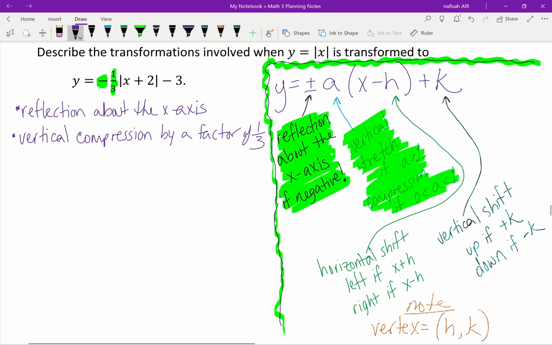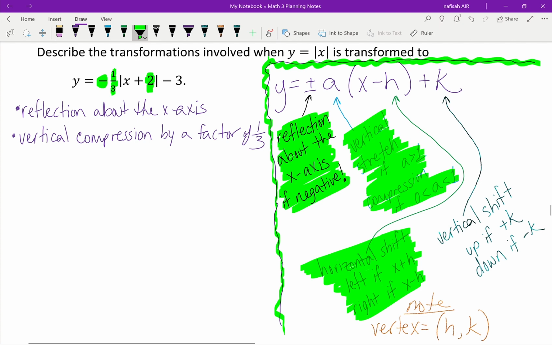All right. Then I look at if I'm adding or subtracting a number inside the parentheses, that would represent the horizontal shift, left or right. With horizontal stuff, you have to think backwards. So normally, left is when you have a negative, but in this case, it'll be a positive.